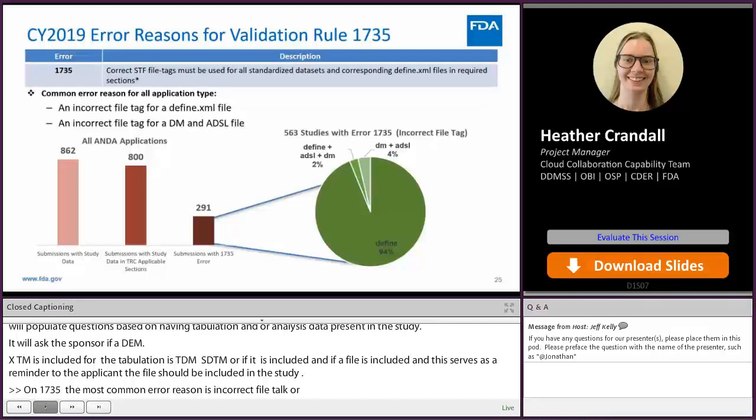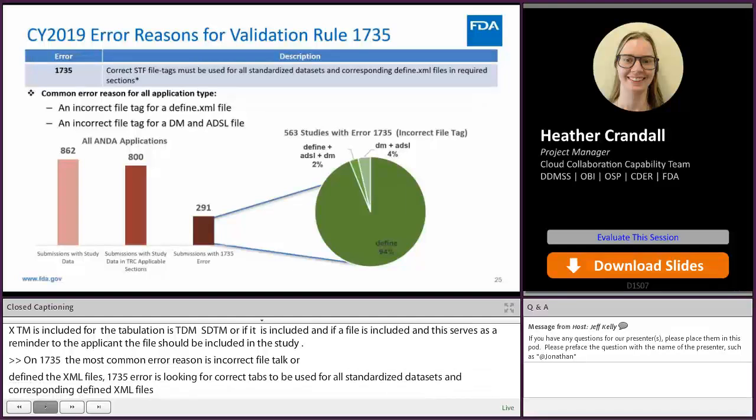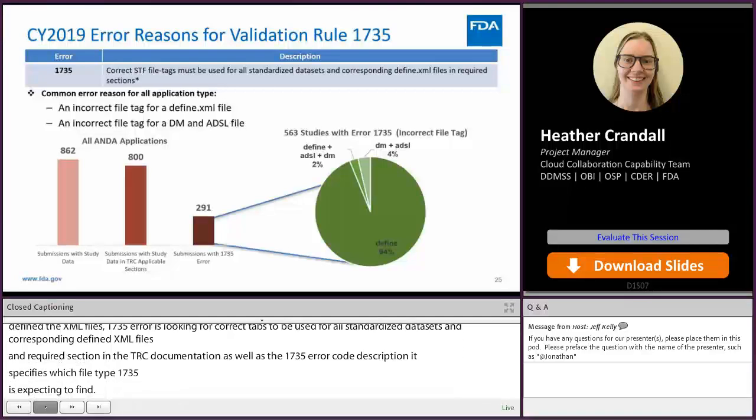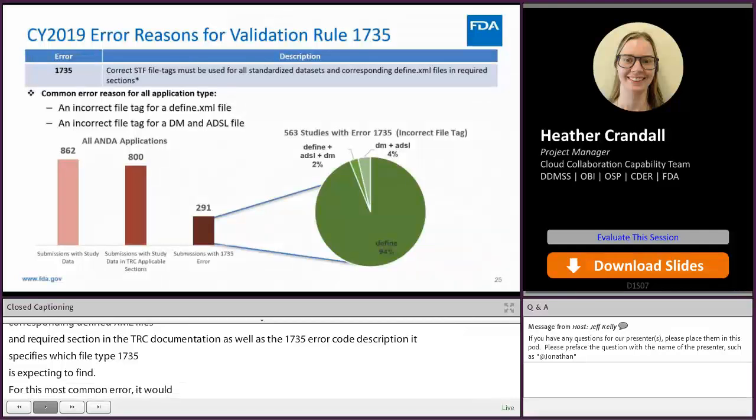The TRC documentation, as well as the 1735 error code description, specify which STF file tags 1735 is expecting to find. So for this most common error, that would indicate that the define.xml, either for SDTM or ADaM datasets, is not being tagged as 1735 would expect it to be.